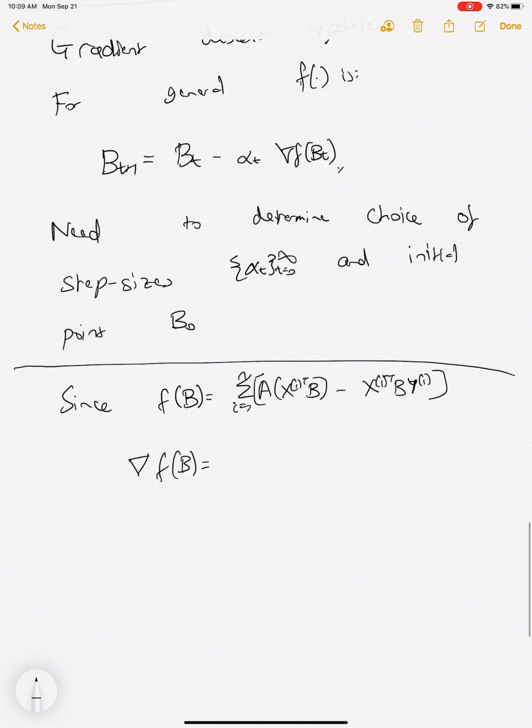So we can use the chain rule here to calculate the gradient. You expect this to be a p-dimensional vector because f is a function of p variables.